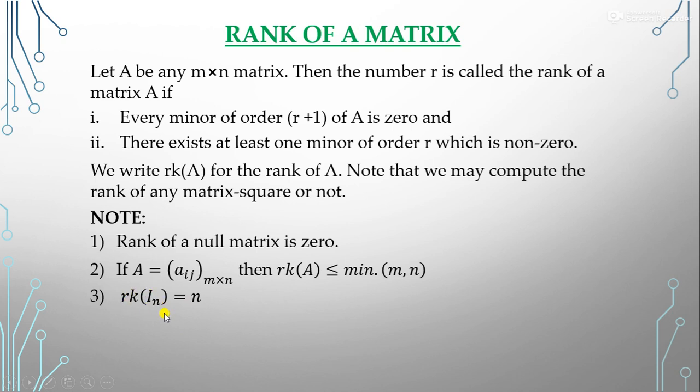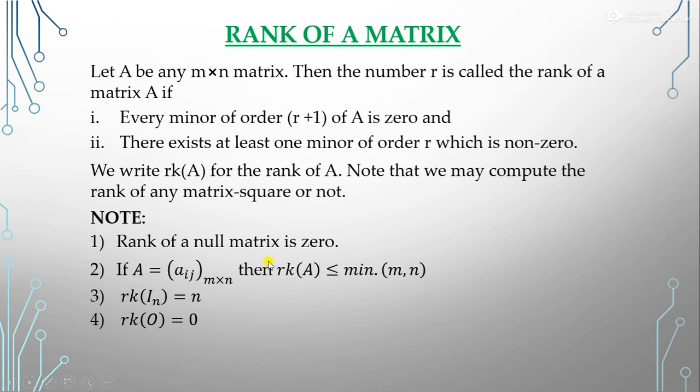The rank of the nth order identity matrix is n. For a 2 by 2 identity matrix, the rank is 2. Like that, for any identity matrix, the order is the rank.